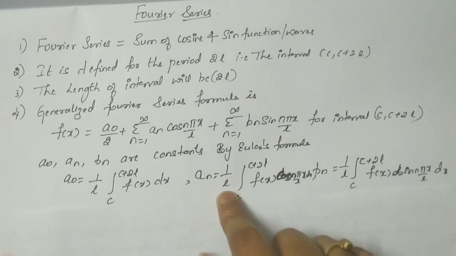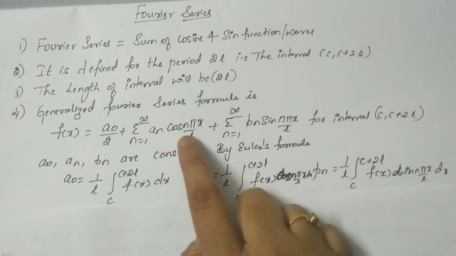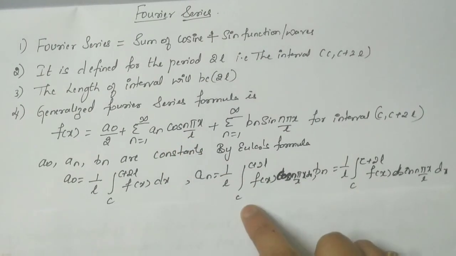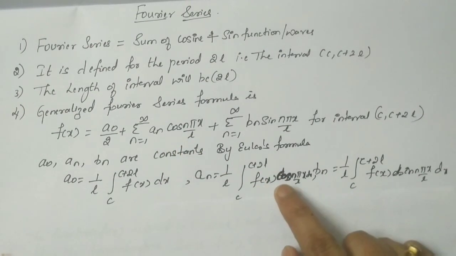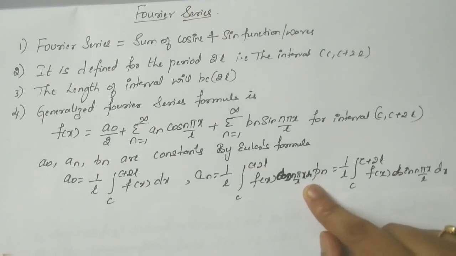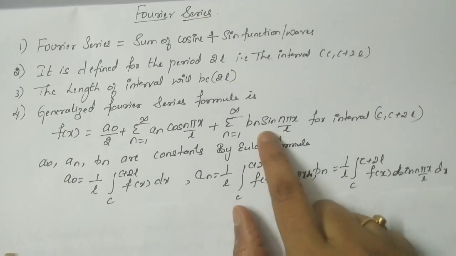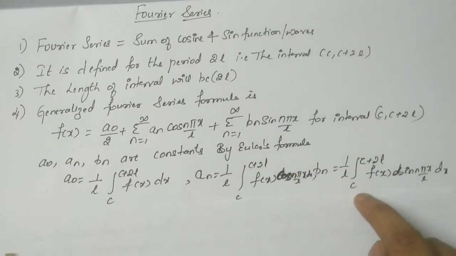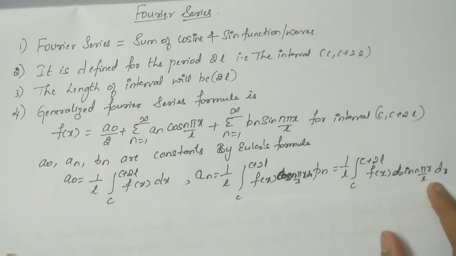An is 1 by L, and an is the coefficient of the cos function, so integral c to c plus 2L f of x cos n pi x by L dx. And bn is the coefficient of the sine function, so it is 1 by L, integral c to c plus 2L f of x sin n pi x by L dx.